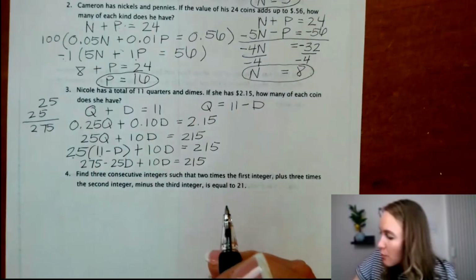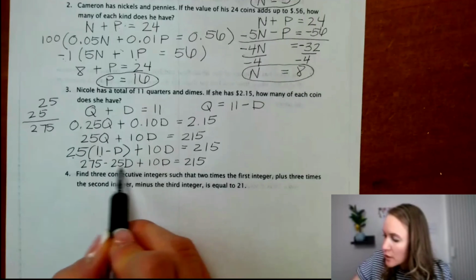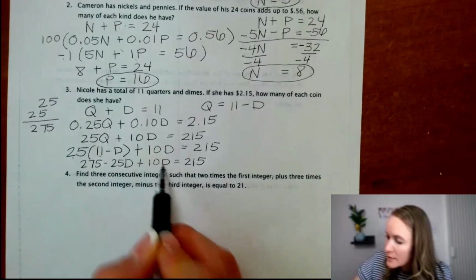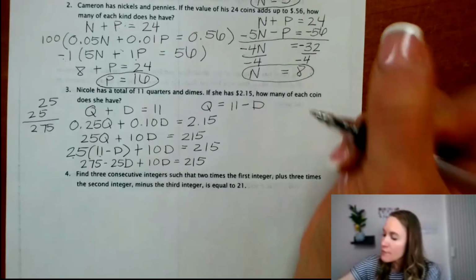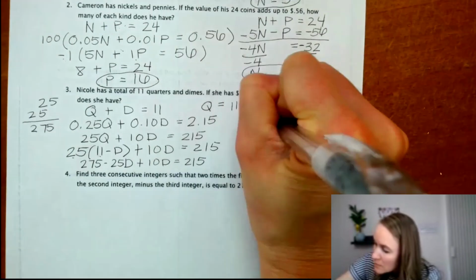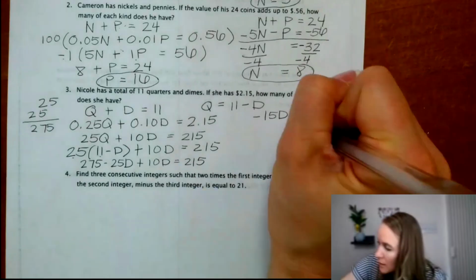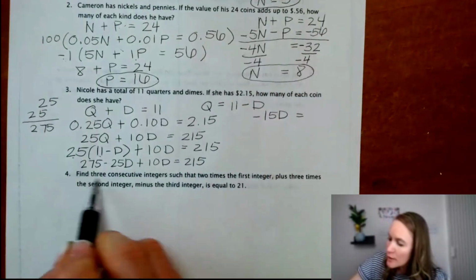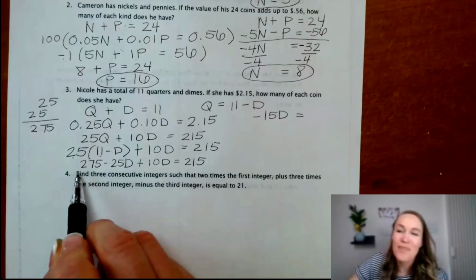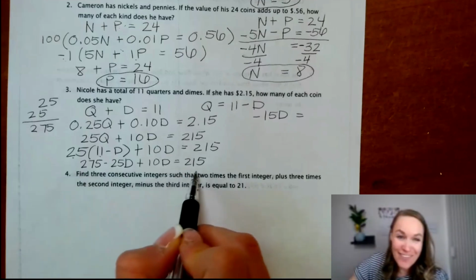Okay, so now I've got some like terms here. Negative 25D plus 10D is negative 15D. I ran out of room, so I've got to hop up here. And then I'm going to subtract 275 over.